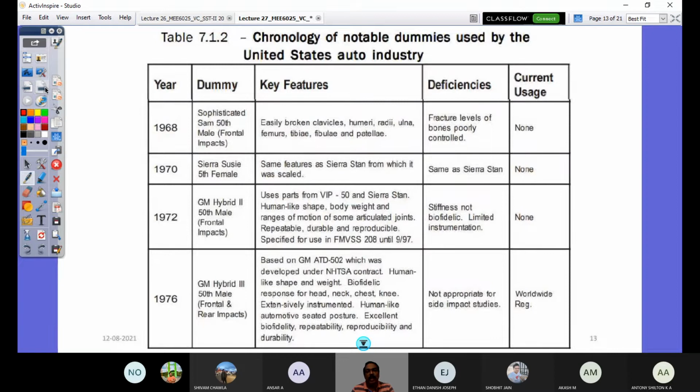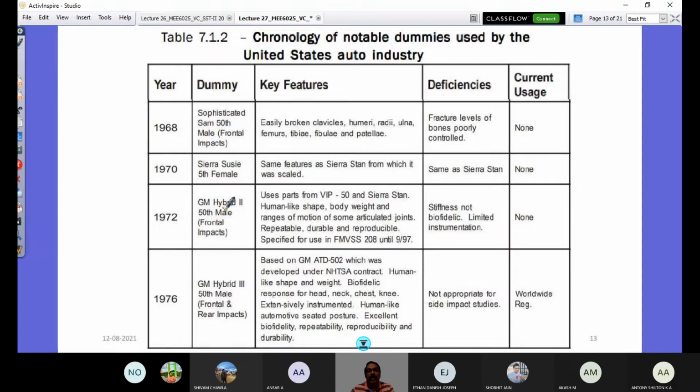And you see here, this is an important period. Until 1976, there was only the Hybrid II family. And in 1976, you had the first Hybrid III dummy, developed by General Motors for frontal and rear impacts. And they are now recognized and used worldwide. The other dummies have all stopped working and are not currently in use; only Hybrid III onwards are in use.